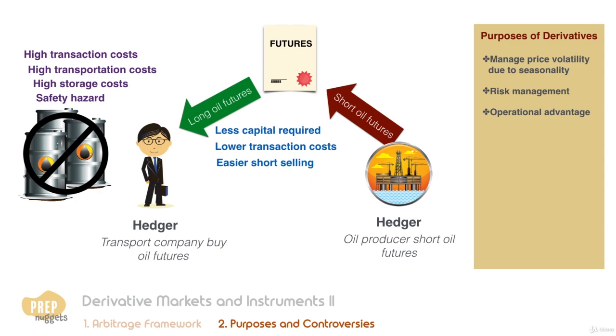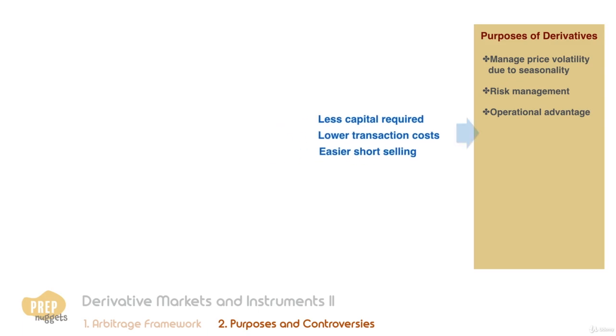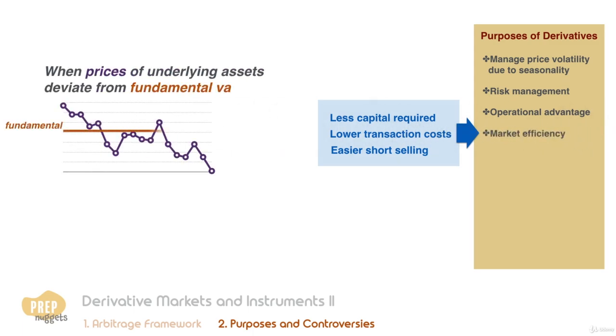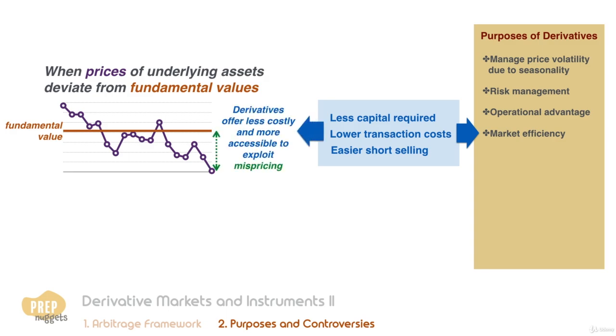Besides the operational advantages, these three features, lower capital requirements, lower transaction costs, and easier short selling, also help promote market efficiency. When prices deviate from fundamental values, derivative markets offer less costly and more accessible ways to exploit the mispricing. It's likely that the fundamental value will be reflected in the derivatives markets before it is restored in the underlying market.